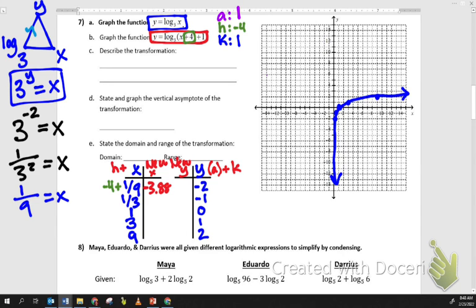Y times a would be just y times 1. Plus k would be plus 1. So I have -2 times 1 is -2. Plus 1 would be -1. So I would have a point right around there.